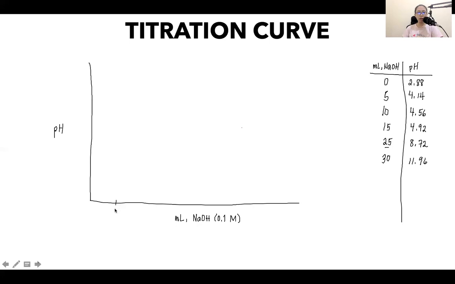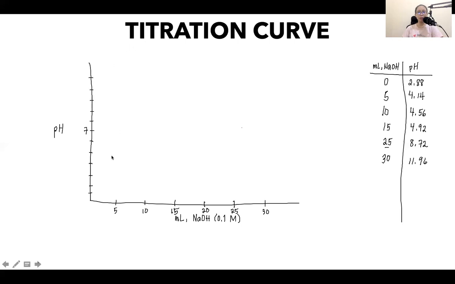This is 5, 10, 15, 20, 25, 30. And then let's mark our pH values: 1, 2, 3, 4, 5, 6, 7, 8, 9, 10, 11, 12.